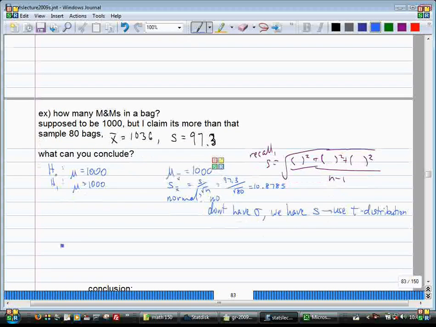Now we're going to draw the picture, but like I said, the picture for t looks almost the same as the picture for z. So you just pretty much draw the same picture. Now how do we label this? 0 goes in the middle, but not for z, for t. So label that with t.